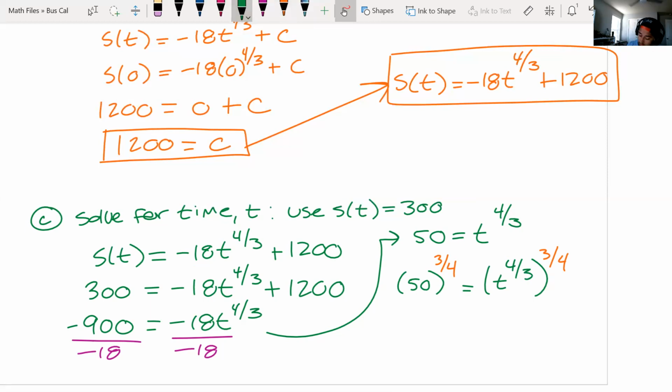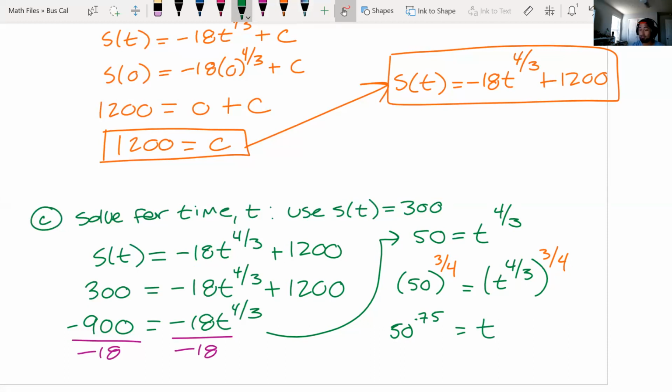On the left side, you'll get 50 to the 3/4. But if you're typing it in your calculator, then just put it as 50 raised to the 0.75. And then on the right side, power to a power is multiplication. So this means that your powers will cancel. 4/3 times 3/4 just leaves you with t.